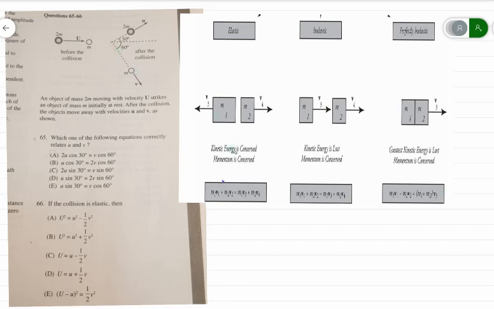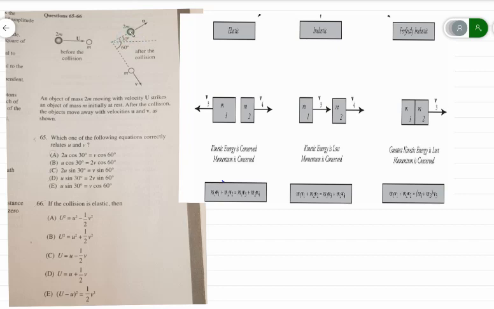If the momentum is conserved, the horizontal momentum must be the same. You start off with horizontal speed, so whatever momentum is created here in the horizontal direction must equal the components produced here.